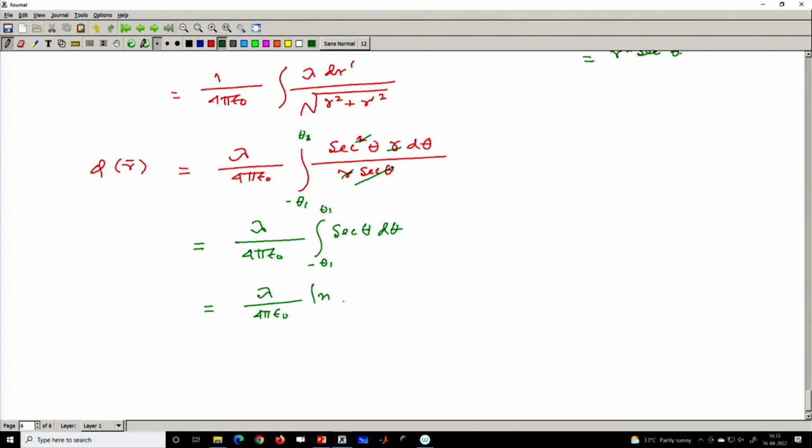This is ln of sec theta plus tan theta, evaluated at minus theta 1 and theta 1.